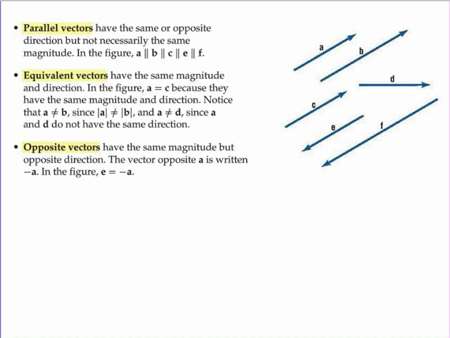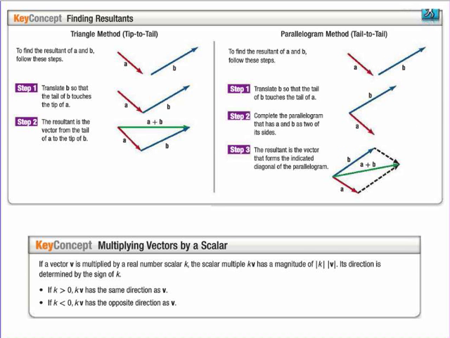Nope. E and A, we said. What else? C and E. Right, because you knew that A and C were the same, so you can substitute C in for A. The vector opposite A is written as negative A. Notice that negative changes the direction to the other way. Now we're going to talk about finding resultants, and this is what you're going to be doing today.